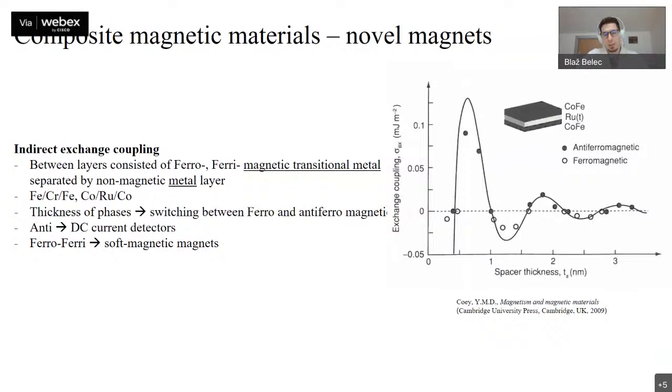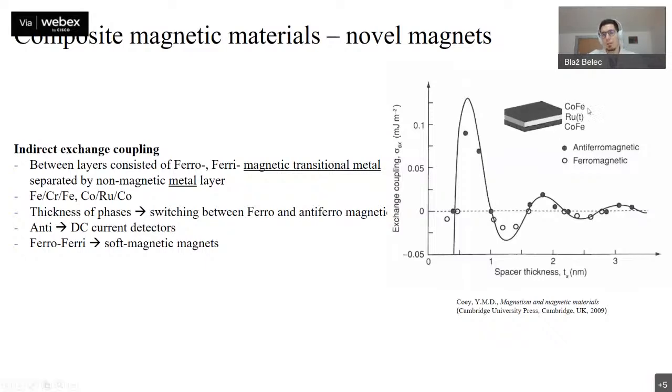The first such case is indirect exchange coupling, which appears between layers consisting of ferromagnetic transition metal material, separated by a non-magnetic layer, as presented here.